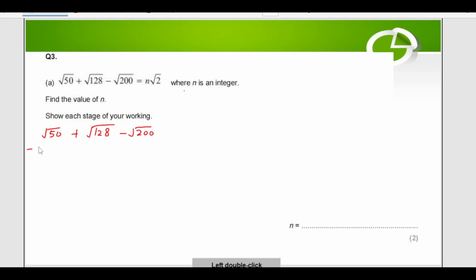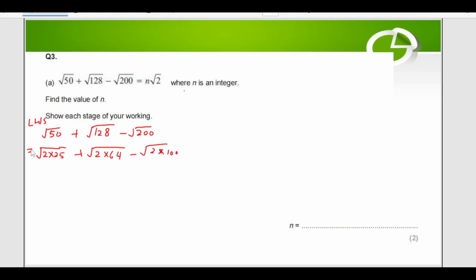I'm just taking the left hand side first of all, then we will equate it to the right hand side. So if I divide 50 by 2, I will get 2 times 25. So we can factorize. Then here also 128 is 2 times 64, and 200 can be written as 2 times 100.